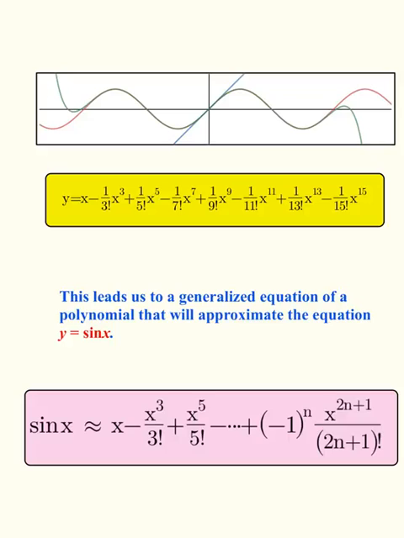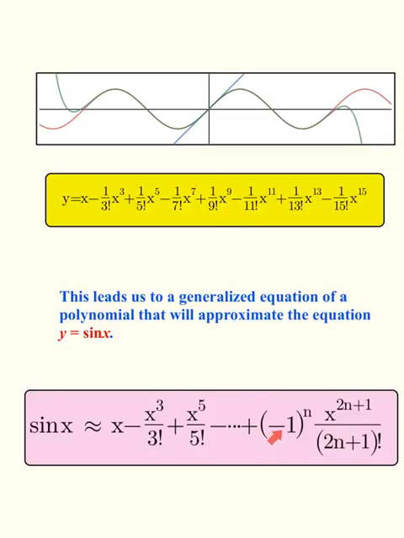Now, the negative 1 raised to the n power, what this part of the problem does is it alternates your signs. As you can see from up here, we're going from a positive to a negative to a positive to a negative to a positive to a negative. This is an alternating series.